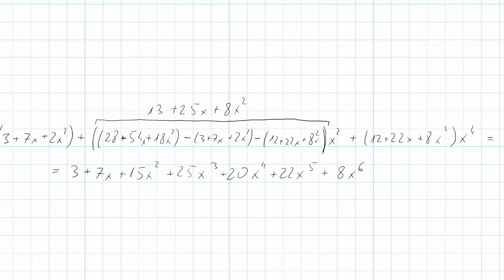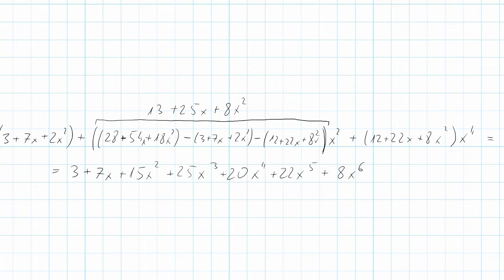I didn't do any step by heart. I didn't compute anything outside the paper. I wrote absolutely everything here, so it looks worse, it looks longer, but let's count the number of products of coefficients.